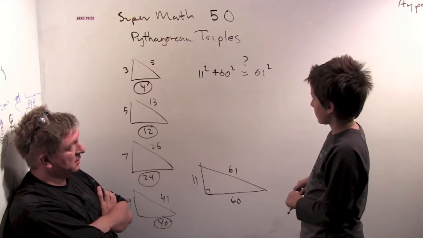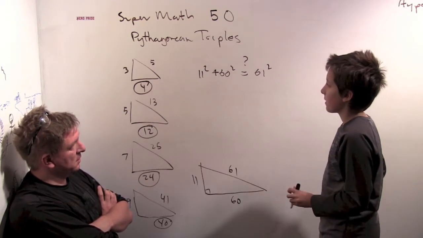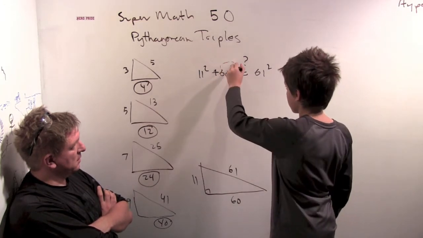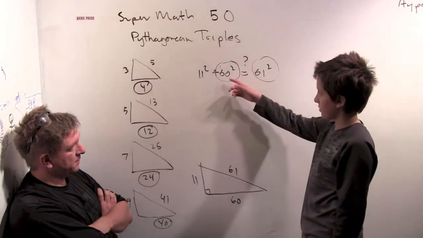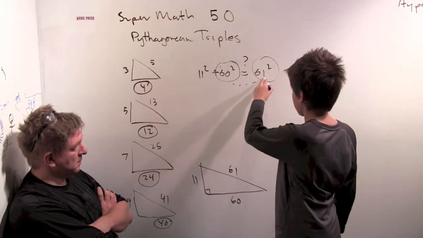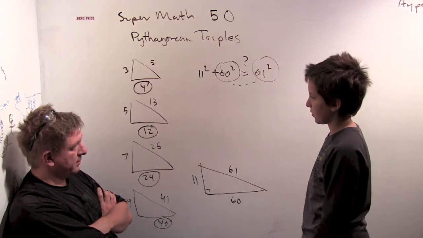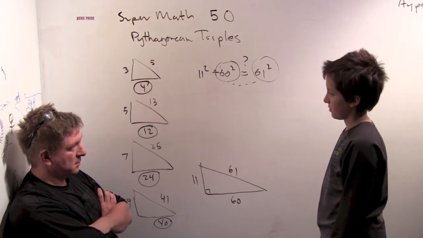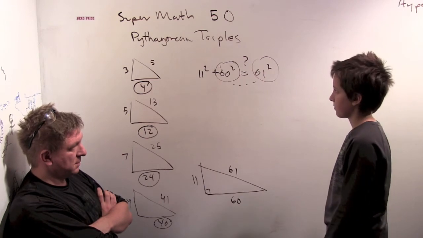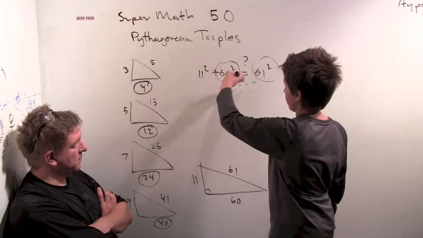How's that going to work? I think we should use this on this side. We should move the 60 to the other side. Though we can't because we don't know if it equals yet. So I'll just do it here.